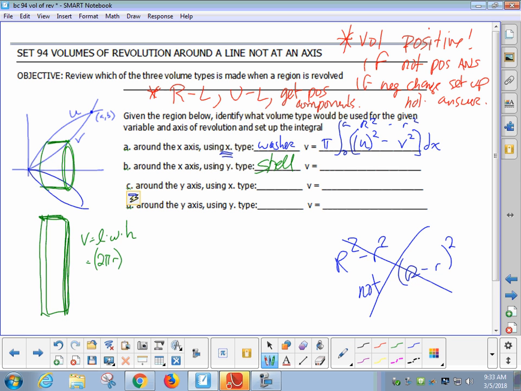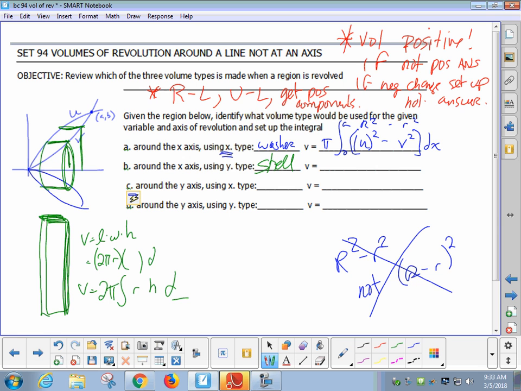One of the dimensions is going to be a differential, so dx or dy, and then the height will often be a little bit of work here. So it's 2 pi r h d something, is the big idea of shells, right? For this problem, what's r?